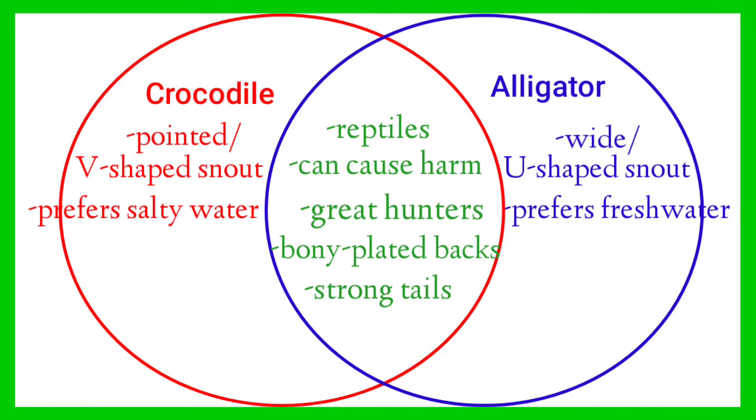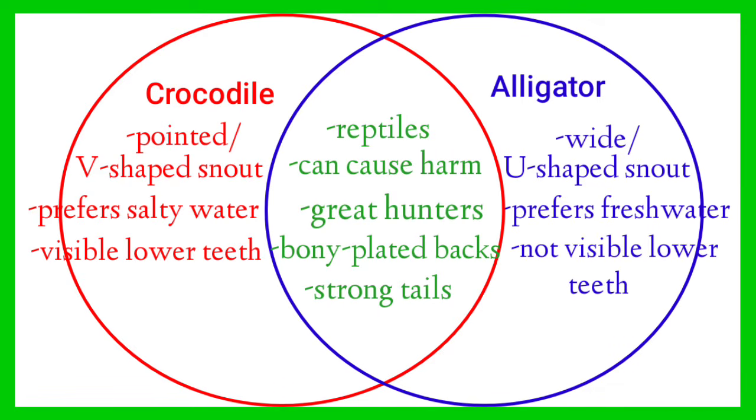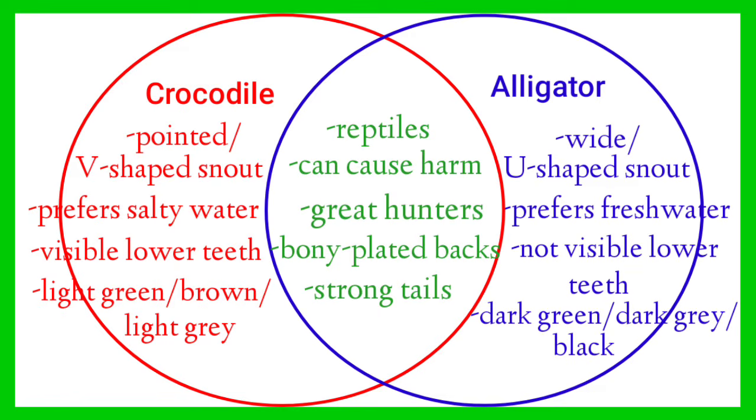For a crocodile, when its mouth is closed, its bottom teeth are visible, while for an alligator, the lower teeth are not visible when its mouth is closed. How about their colors? The color of a crocodile is light green or brown or light gray, while the color of an alligator is dark green or dark gray or black.